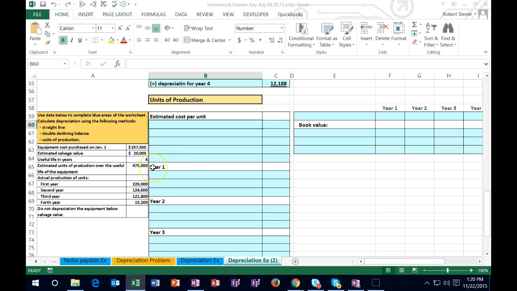So now we have the estimated units of production over the useful life of the equipment. Now, this is not data that we used for the prior methods. This is data that we will use for the units of production method. Note that if we're able to apply depreciation in this way, it might be more accurate.